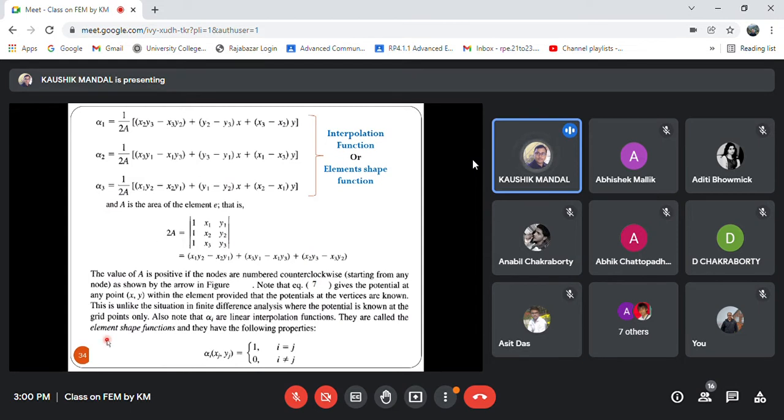Now these are called the element shape function alpha I of x, y. The element shape function alpha I of xj, yj will be 1 if I equal to j, and it will be 0 if I not equal to j.